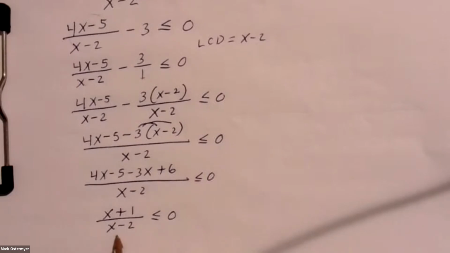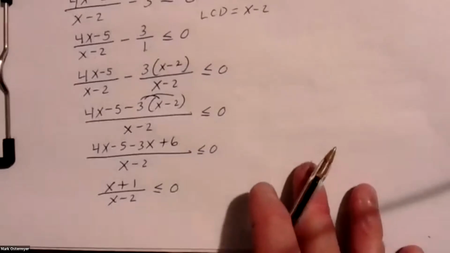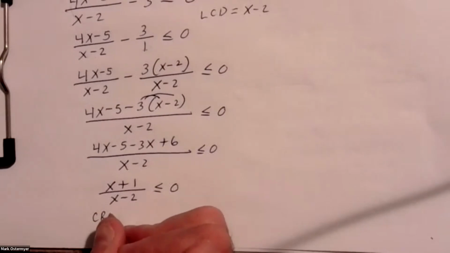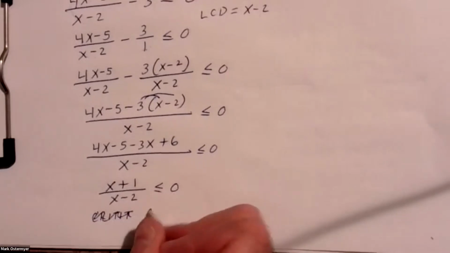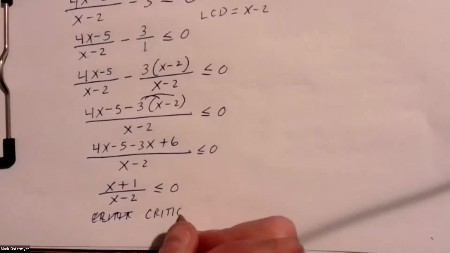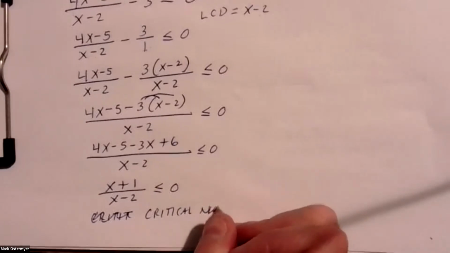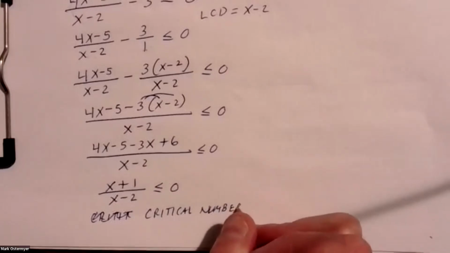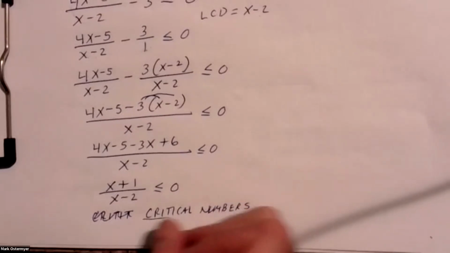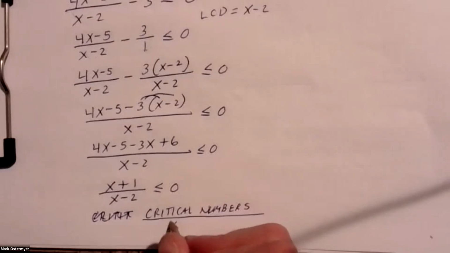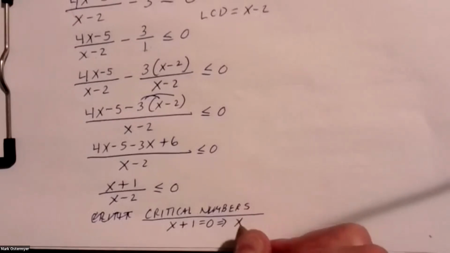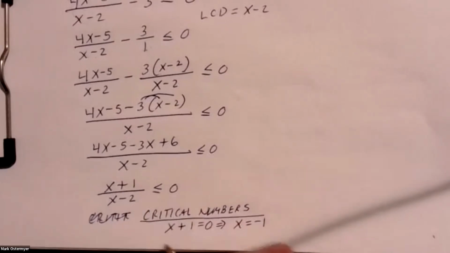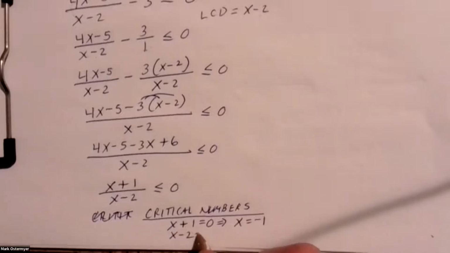And now, ladies and gentlemen, I need to find what are called critical numbers. Critical numbers are numbers that send any factor in the numerator and the denominator to 0. So x plus 1, set it equal to 0, solve for x. So x equals -1 is a critical number. x minus 2 in the denominator, set it equal to 0, solve for x.